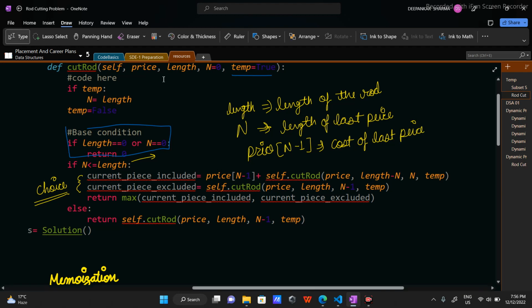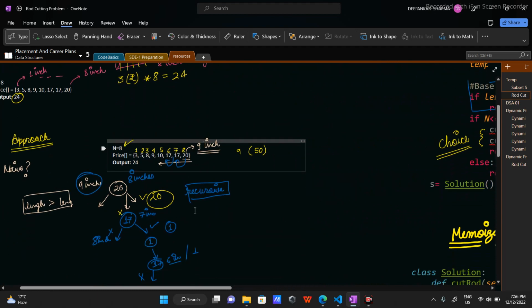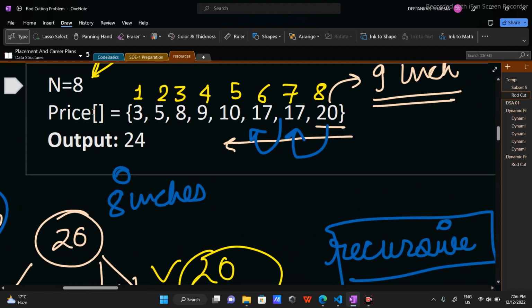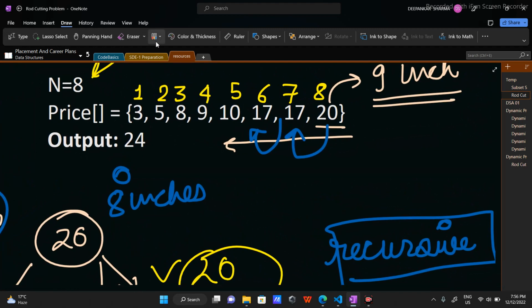Like, see, same as the example here, this 3 is actually the zeroth index of the array, but it is telling me the cost of the 1 inch piece.